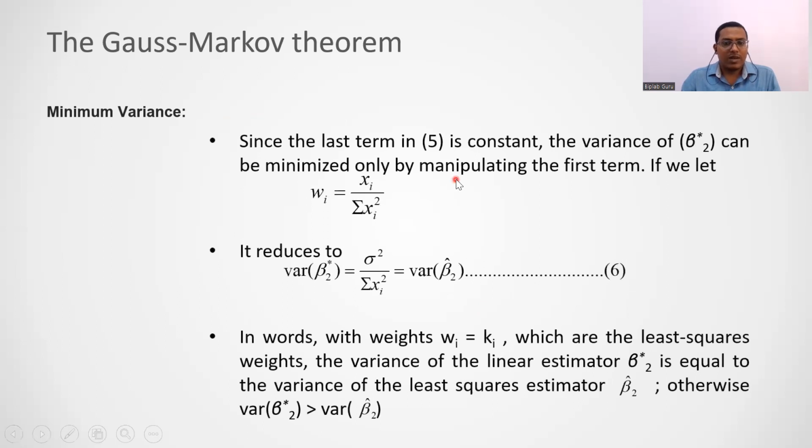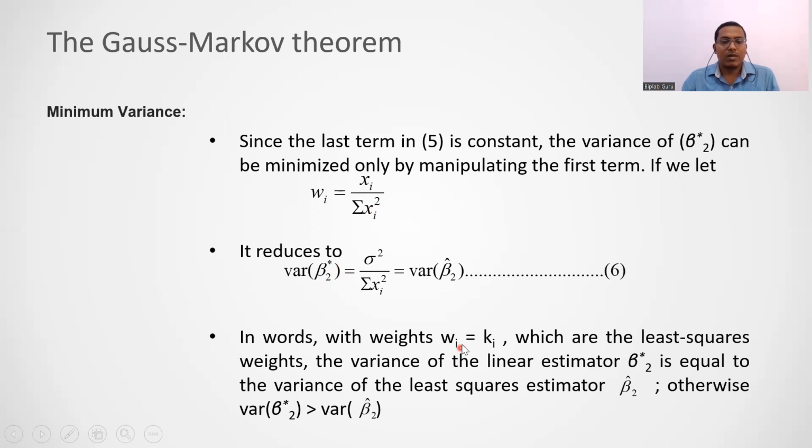Since the last term in equation 5 is constant, the variance of beta 2 star can be minimized only by manipulating the first term. If we let wi equal to xi by summation xi square, it reduces to the variance of beta 2 star equal to the variance of beta 2 hat.